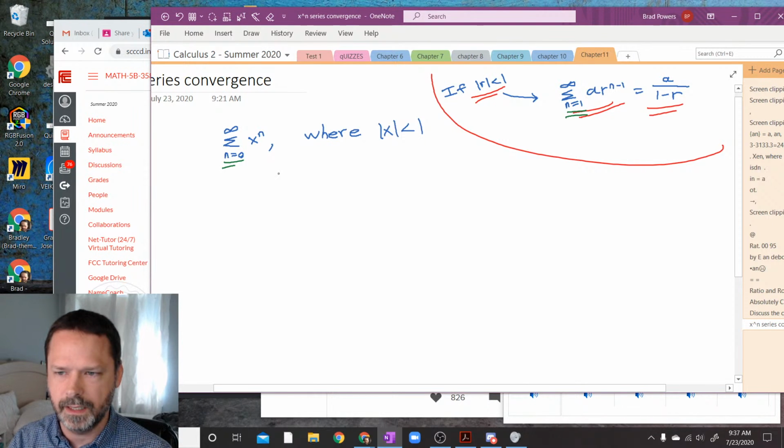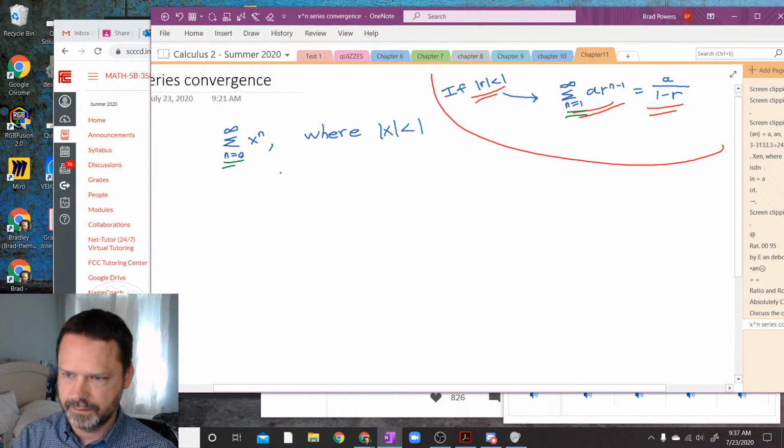So let's play around with this first, and let's change that index around. Before we do anything, just to give us a little intuition, let's see what a few of these terms look like. When n equals 0, I get 1. When n equals 1, I get x to the 1. When n equals 2, I get x to the 2.